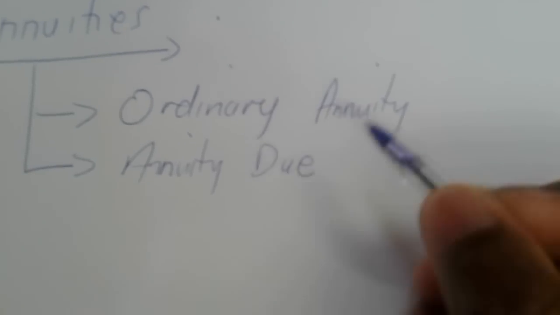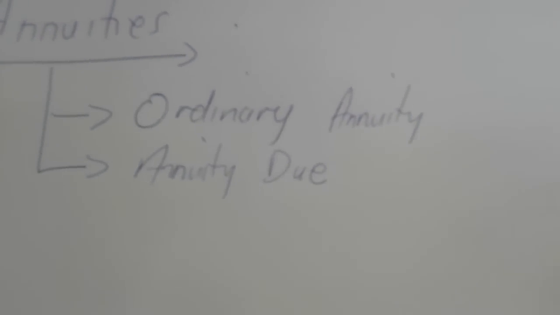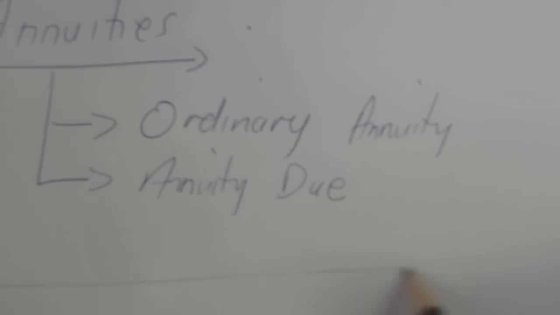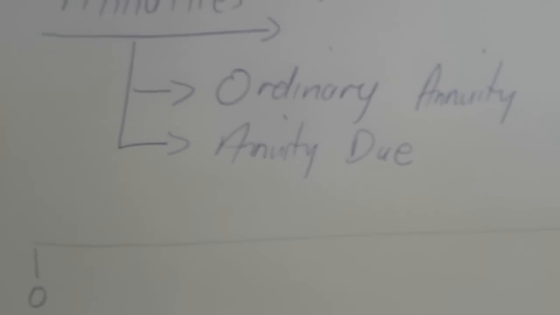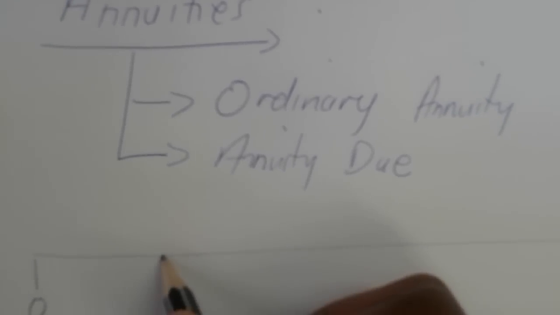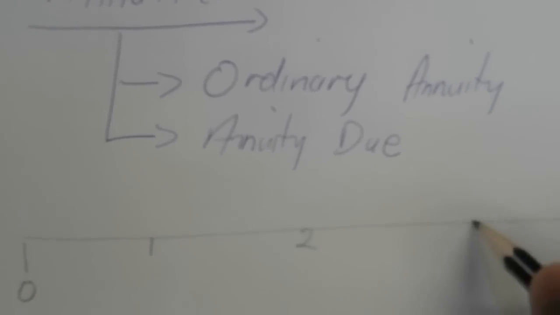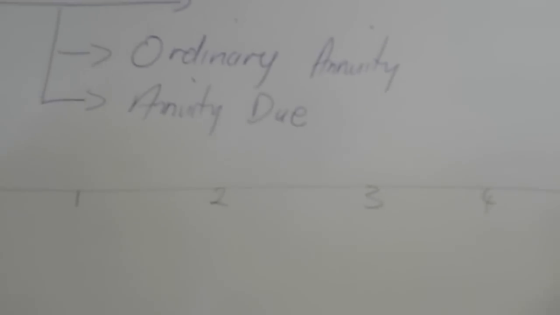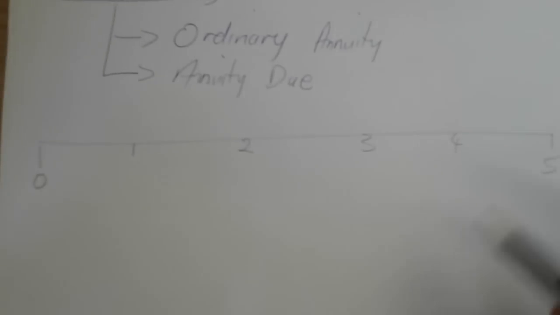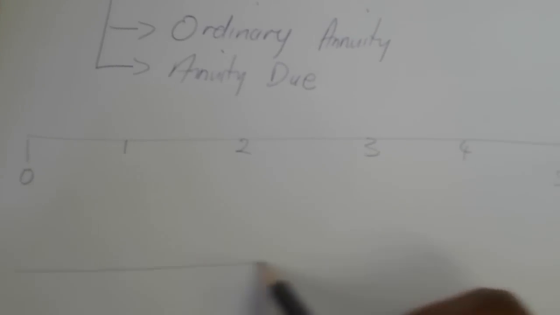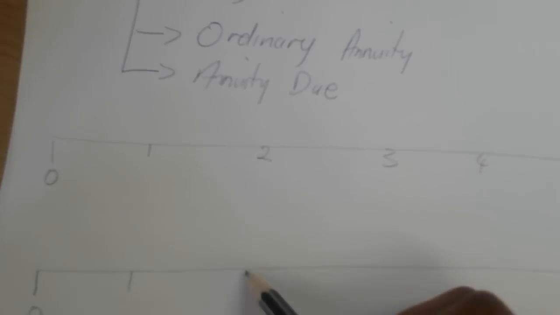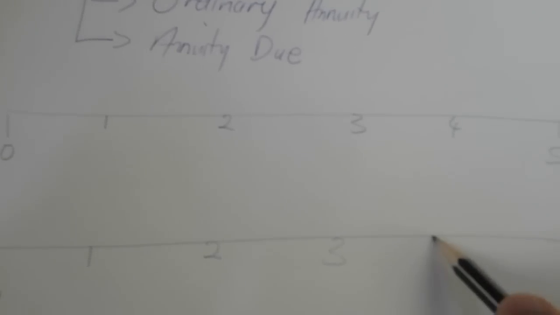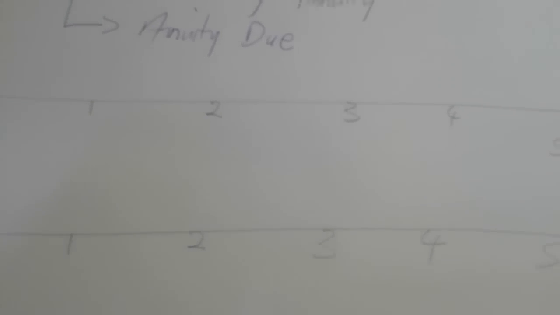So I'm going to draw 2 timelines. Then 0 there, and let me say 1, 2, 3, 4, and 5. And then again I draw another one down there: 0, 1, 2, 3, 4, 5.